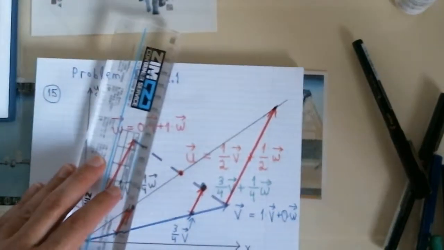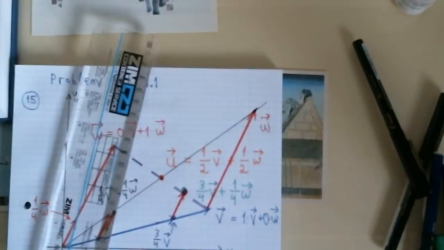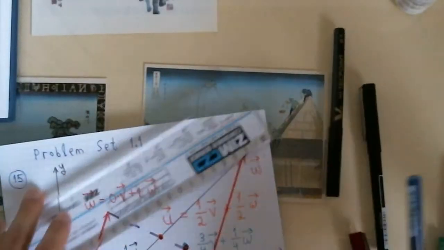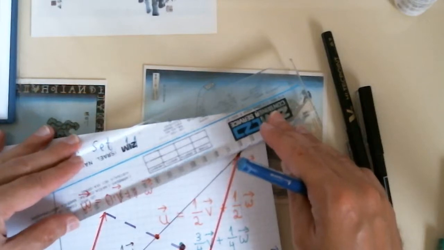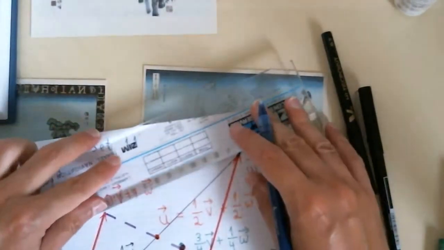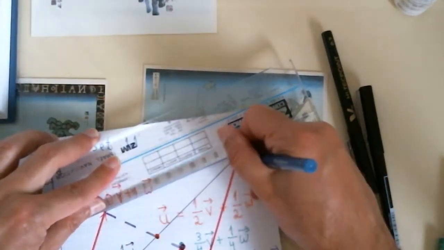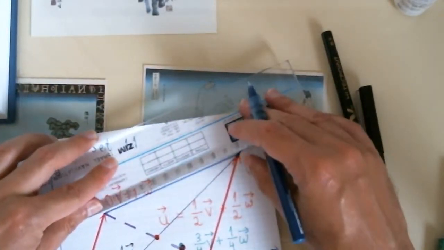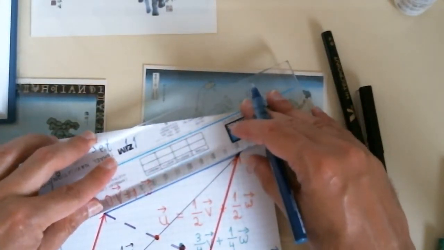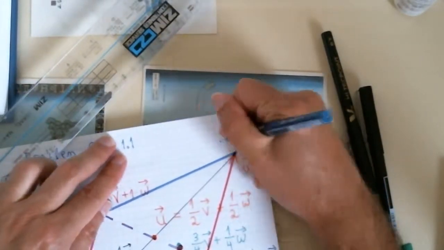Trying to make it fixed so you see that it's in red. This is W. And the blue one, this is already V plus W, but I want to show you that it is a parallelogram.